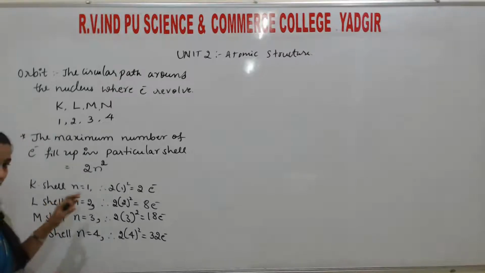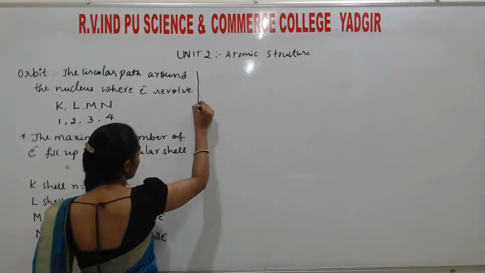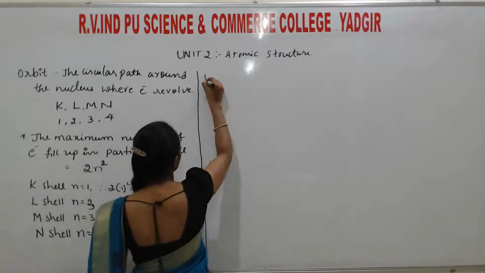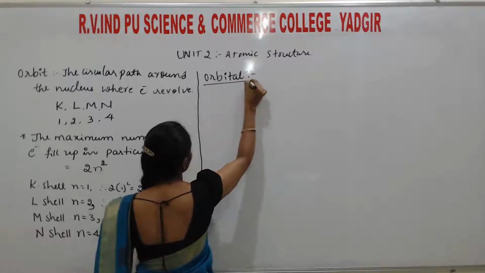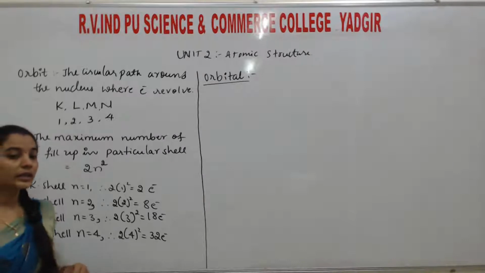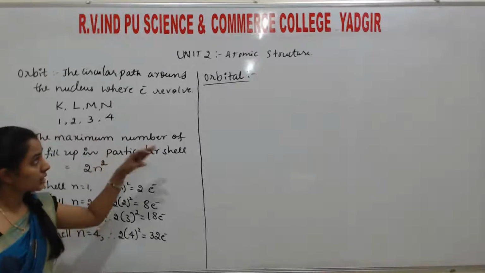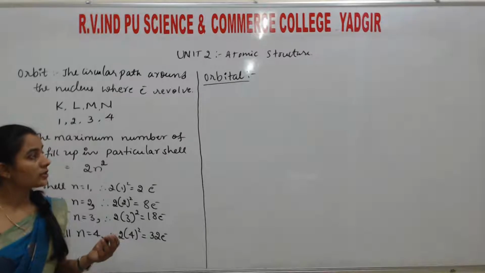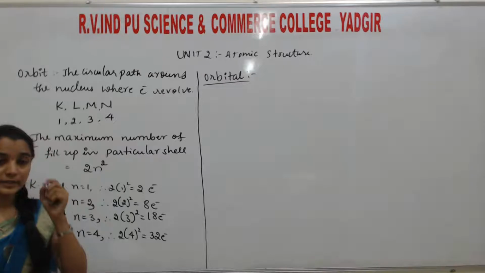In the last class we discussed this orbit. Today we will discuss orbital. Orbit is different, orbital is different. So students, what is orbital? It is the three-dimensional arrangement or three-dimensional structure where the electron density is maximum.